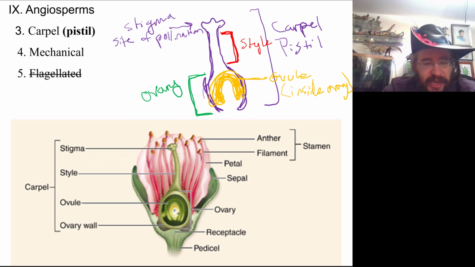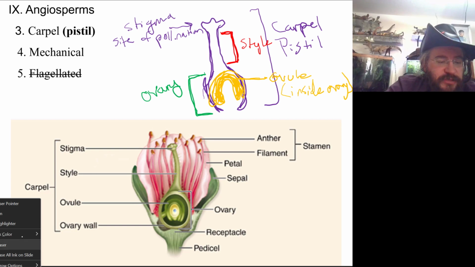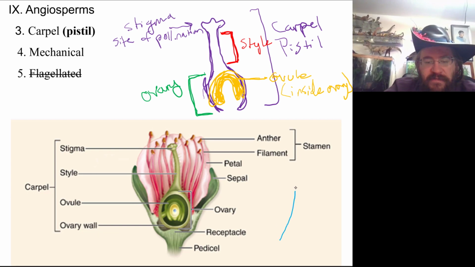how does pollen get from flower to flower? Okay, so much simpler on the male reproductive structures, by the way. Much simpler, right? We have a long stem-like structure called a filament.